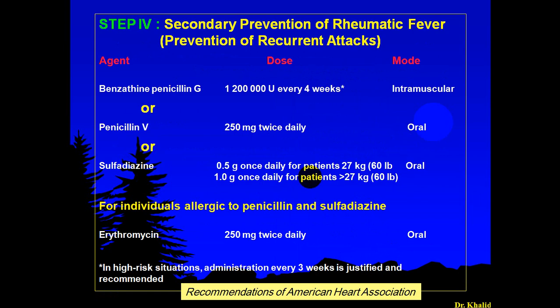While the most important, secondary prevention of rheumatic fever. Prevent recurrent attacks, because when recurrent, especially if you have rheumatic valve disease, it will cause more damage to the heart.